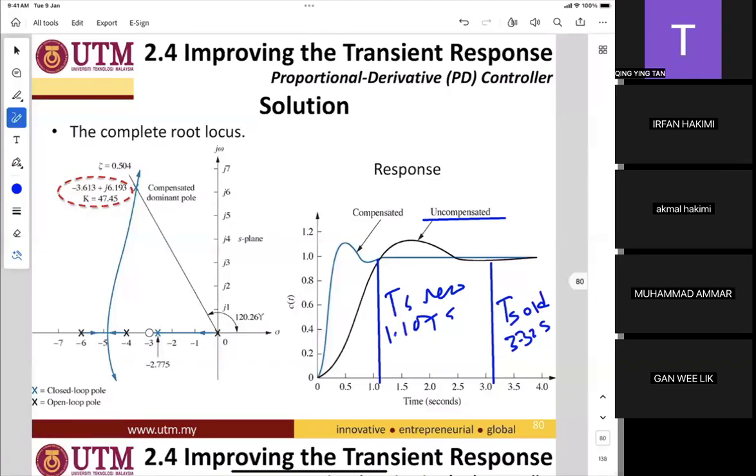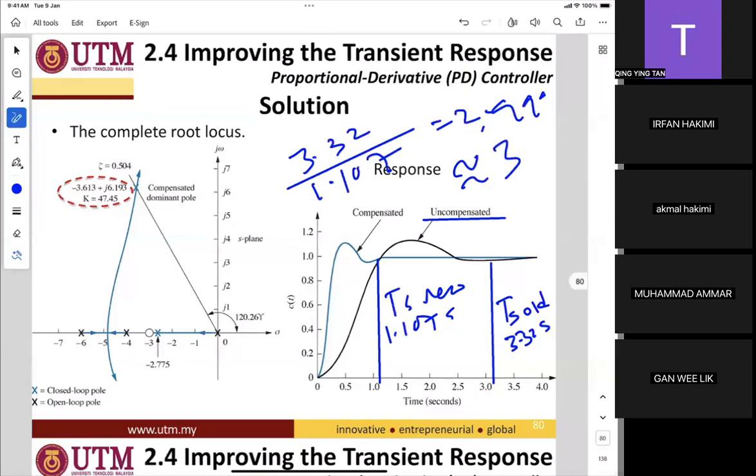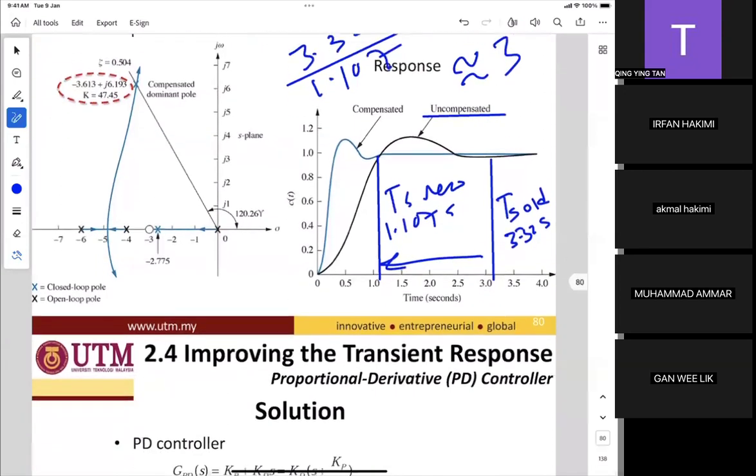Wait, wrong calculation. 2.999. Yes, so 3. Meaning that the settling time has been reduced 3 times. Am I right? Yes, it has been shortened 3 times.